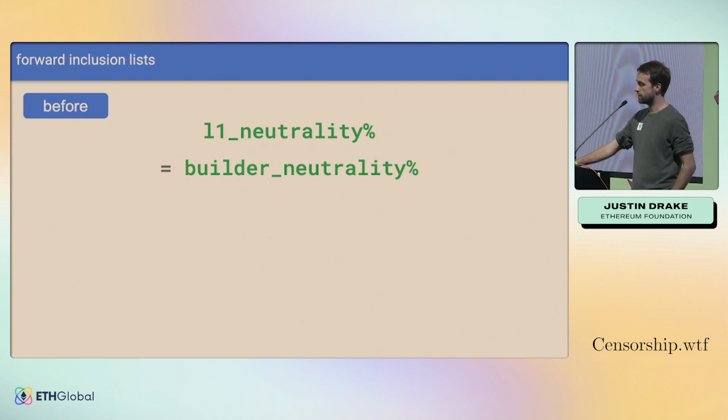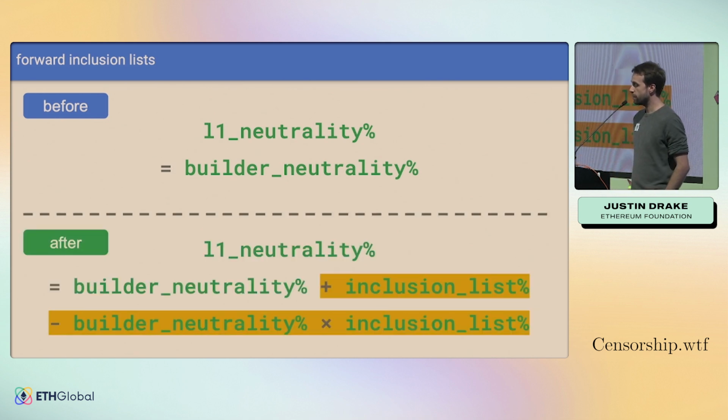So this is where we are today before inclusion lists. The neutral block space on Ethereum corresponds to the block space built by neutral builders. But with inclusion lists, we're going to have this additional component, the plus inclusion list percentage. Just to give you an example, let's say half of the builders are censoring, half of them are neutral, and half of the proposers are forcing transactions on-chain.